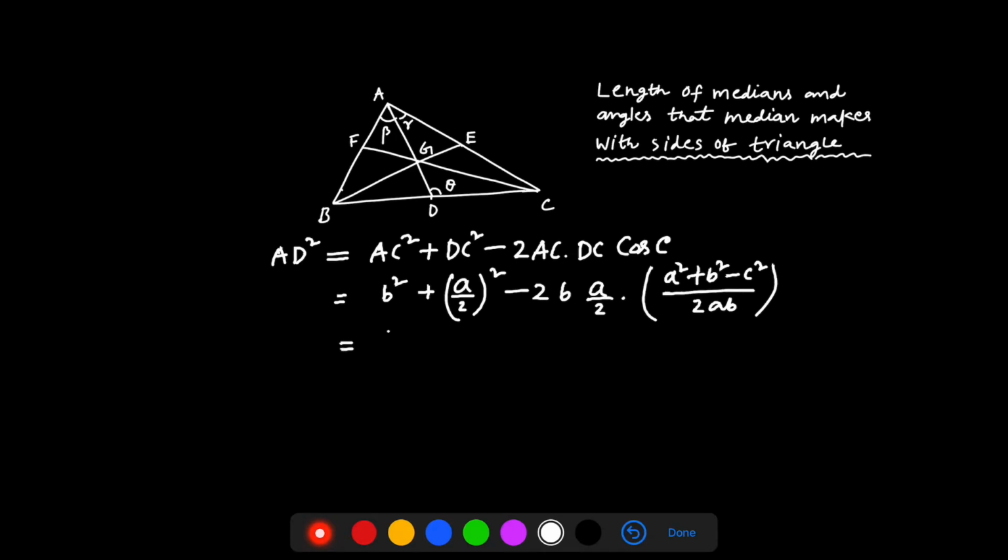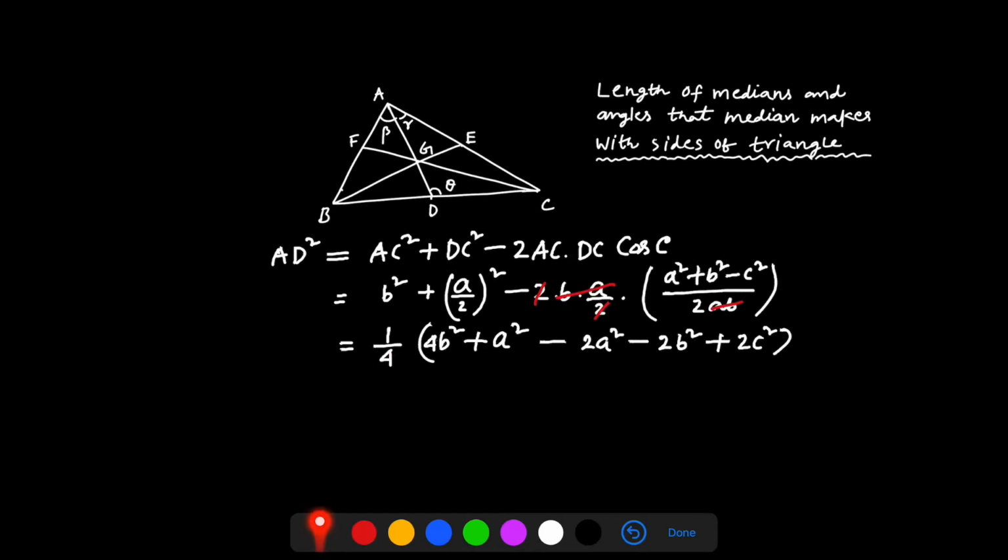So this will be 1/4 b square plus 4b square plus a square minus, basically this will be minus 2a square minus 2b square plus 2c square, because this ab will be cancelled out with this ab.